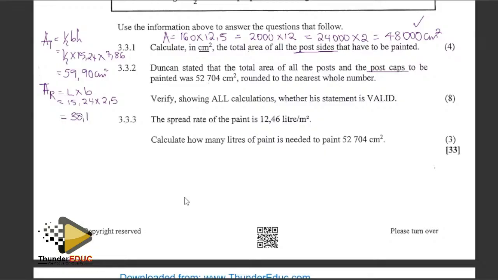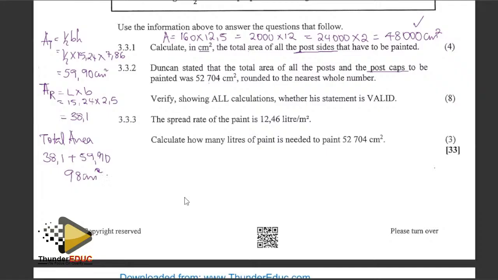So these two, they make one cup. So let's add them together. We shall need the total area of the cup, so we shall say 8,1 plus 59,9. We have the answer as 98 centimeters squared.